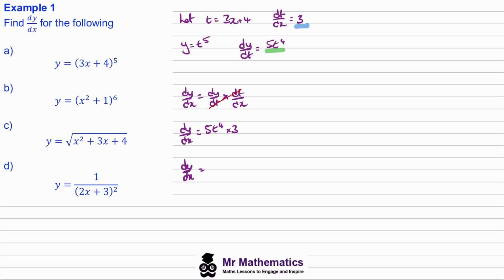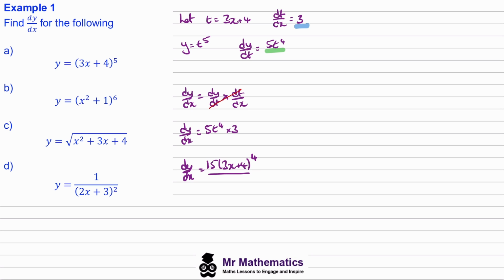So the gradient function will be 5t, and remember that t is 3x plus 4, raised to the power of 4 multiplied by 3. And we can tidy up this 3 and the 5. We can write this as multiplied by 15. So this will be dy by dx.